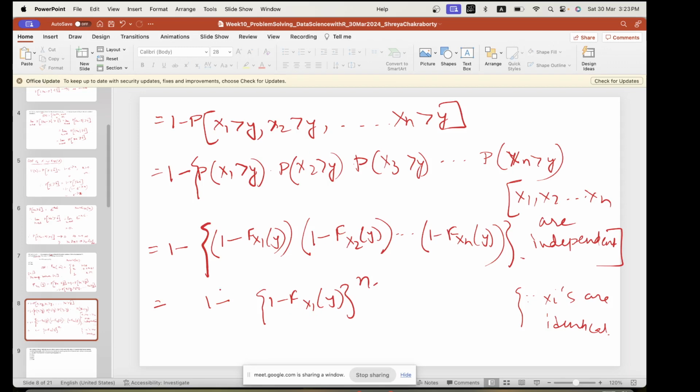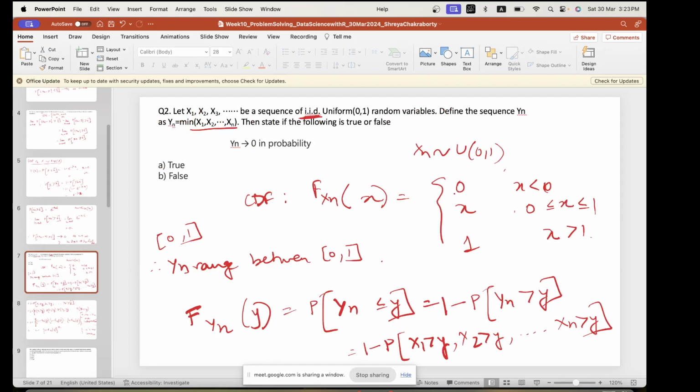So now X1 follows a uniform (0, 1). So F_X(x) is the probability X less than or equal to x.